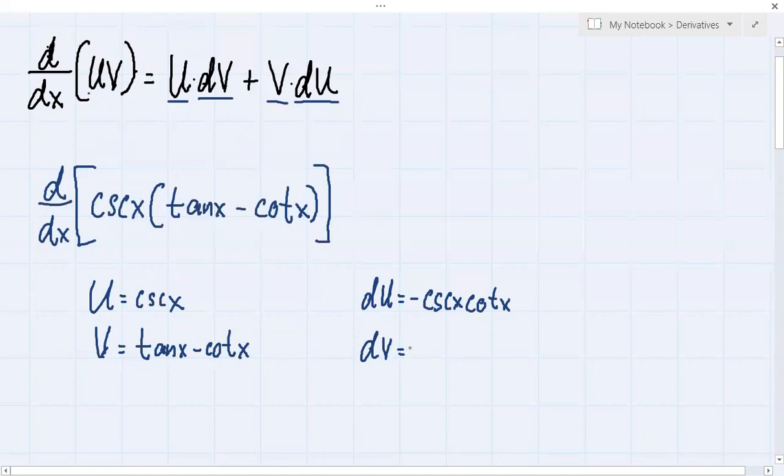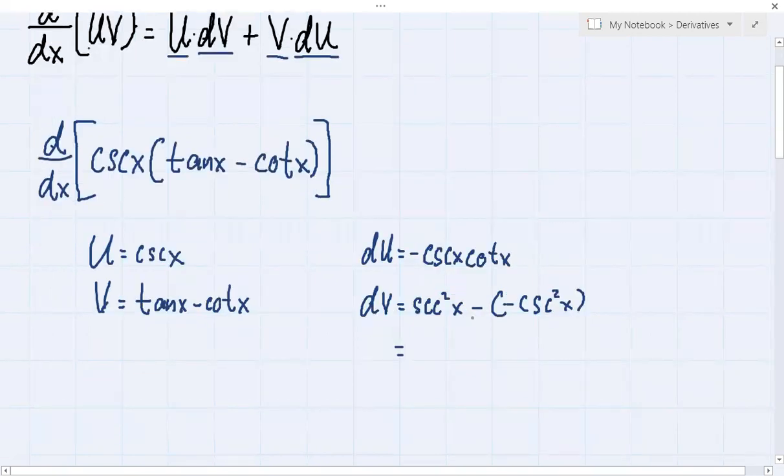So ang derivative ng tangent x ay secant squared x minus derivative ng cotangent x ay, if you recall, negative cosecant squared of x. So therefore, since kasi meron tayong negative sa labas at negative kay cosecant squared x, magiging secant squared x plus cosecant squared x. Yan na yung magiging derivative ng v mo.